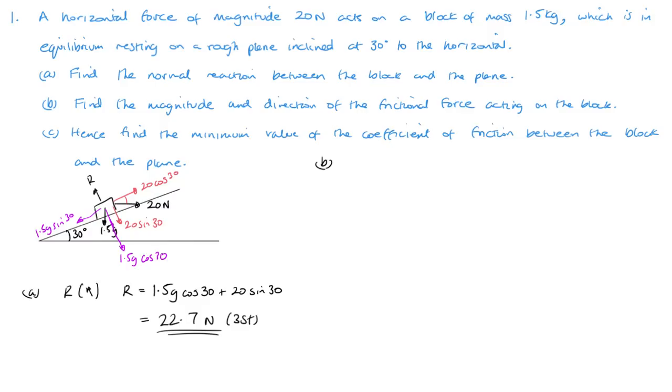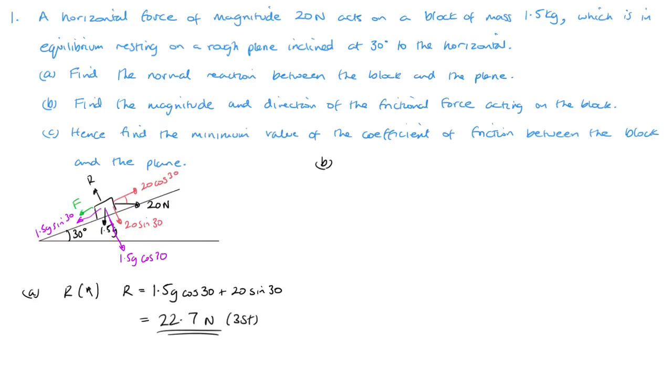So 1.5 times 9.8 times sine 30 is 7.35, and 20 cos 30 is 17.3. So from that we can clearly see that that is the larger force, so friction is going to act down the slope like so.